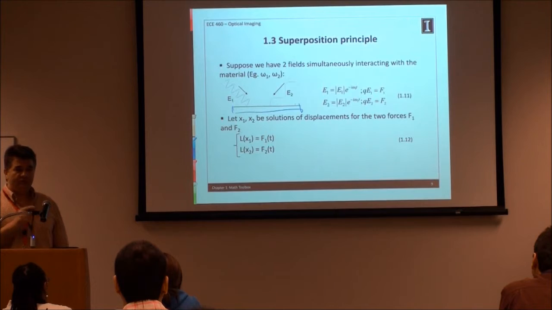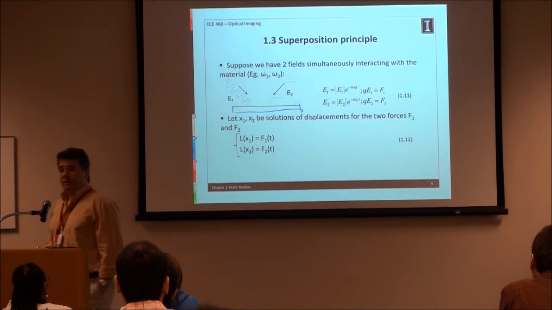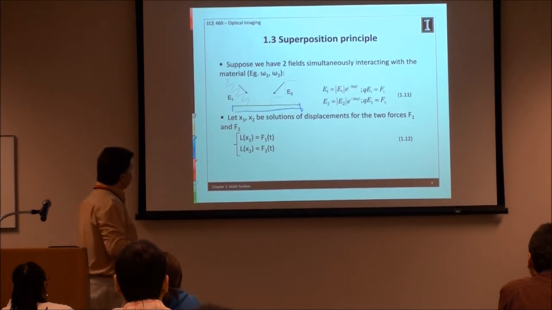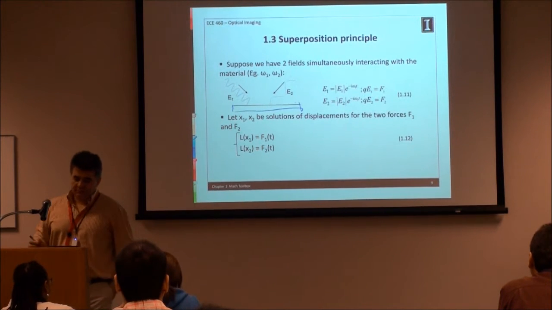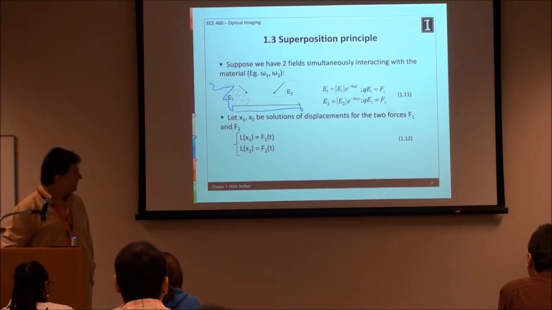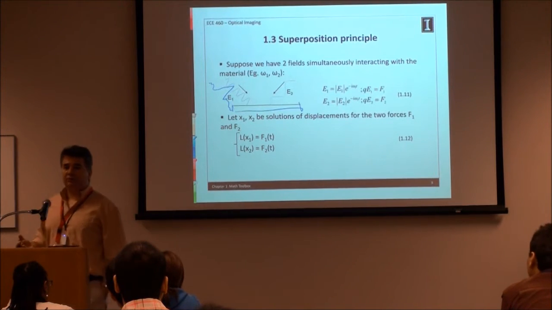Okay, so it may sound like a trivial and simple concept, but it's very, very powerful. Again and again, the reason is that I can take a very complicated system, or input, I should say. Imagine I have a pulse that looks like this, completely, how should I say, very general.